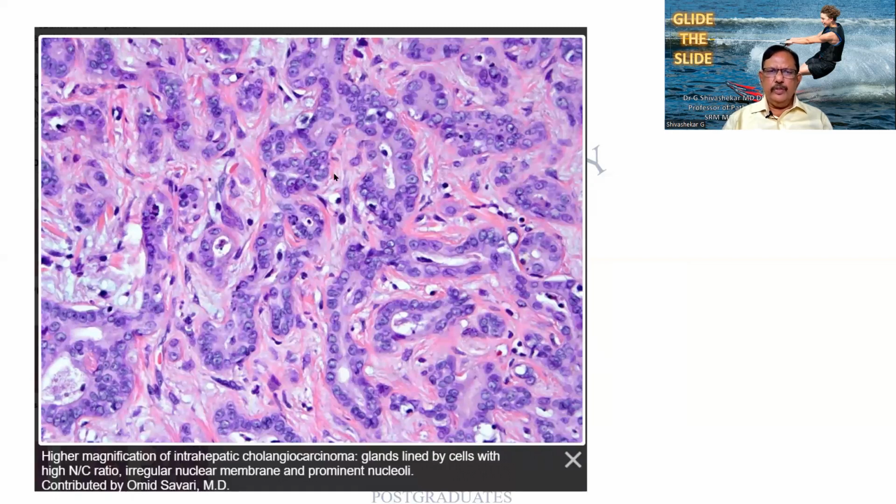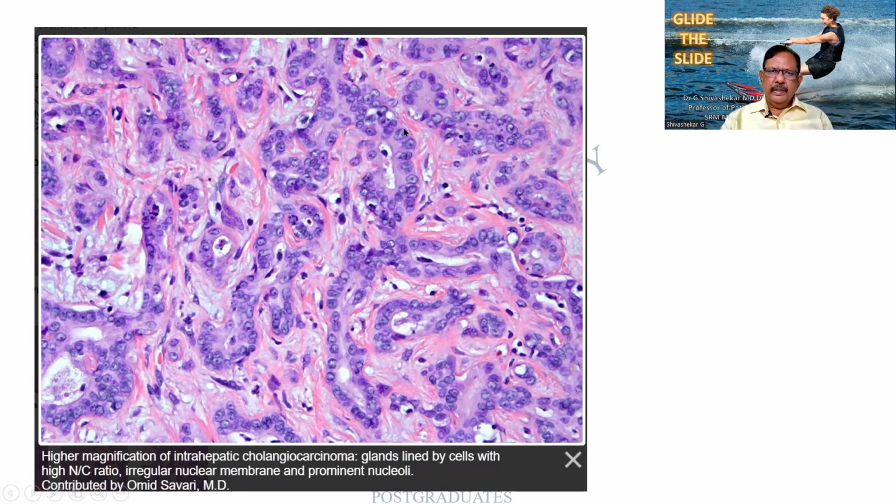This is the structure of the tumor that we are seeing. Two things are very conspicuous in this. One, the tumor itself. I am finding it is haphazard in arrangement. So it is not a regular glandular tissue that I am seeing in all directions.